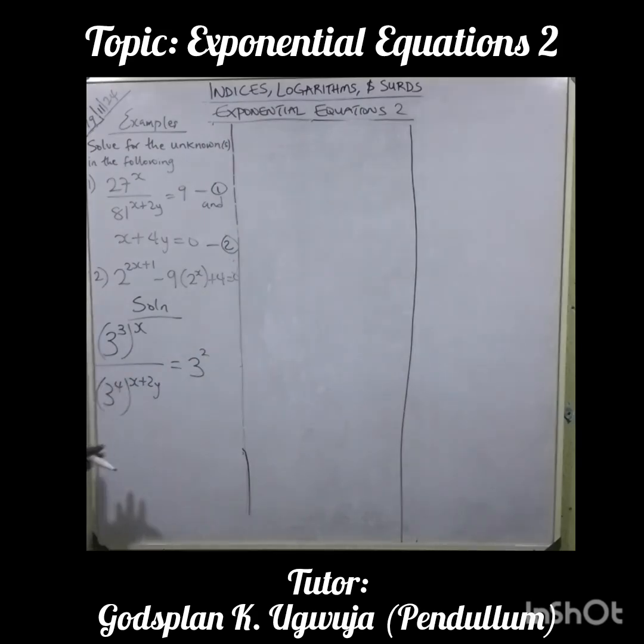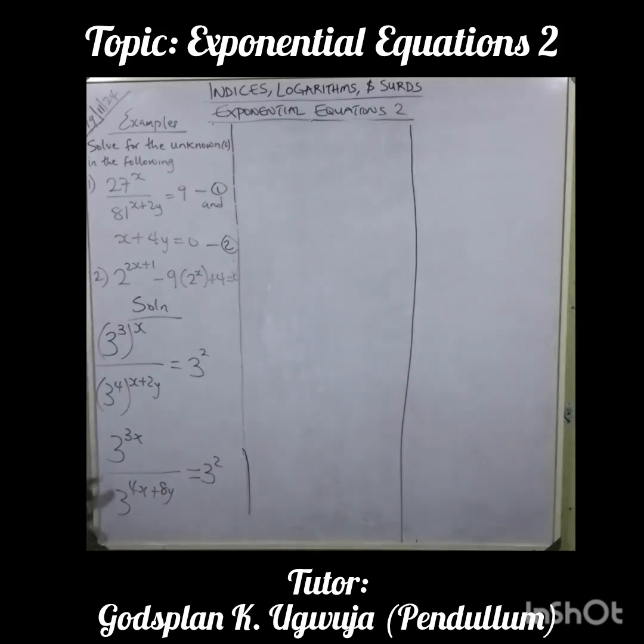Now if I still resolve this, remember I want to get a linear equation. So by the power law I can multiply the powers. So 3 times x is 3x, all over 4 times x, 4x, plus 4 times 2y, 8y, and this is equal to 3 square.